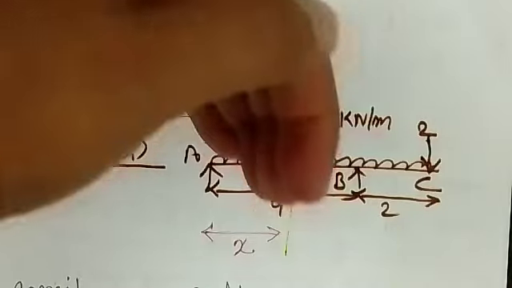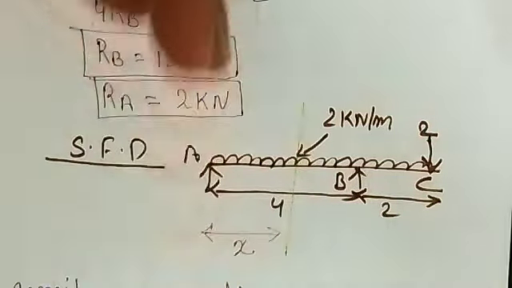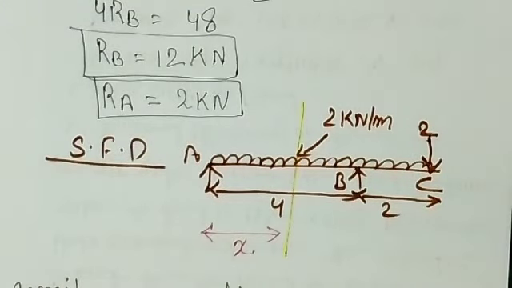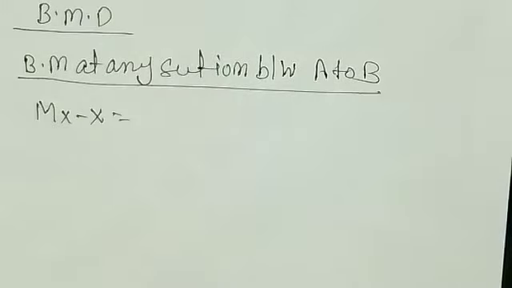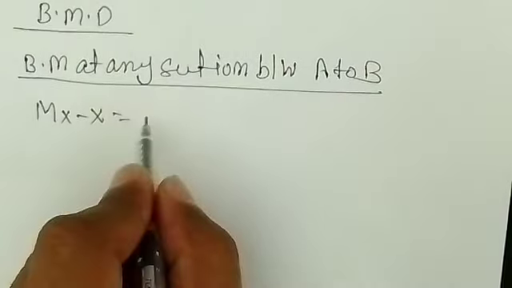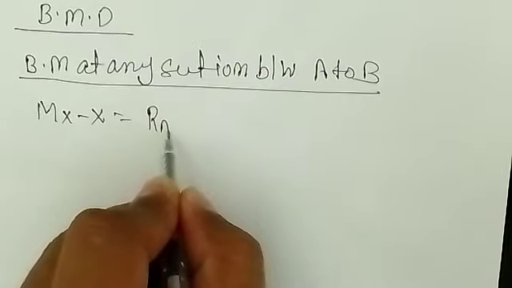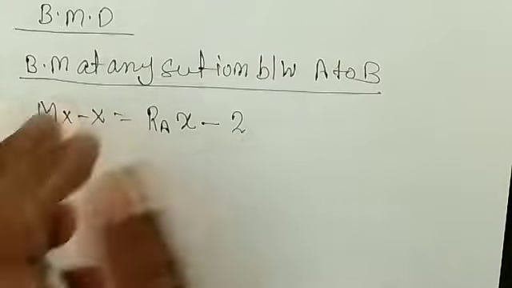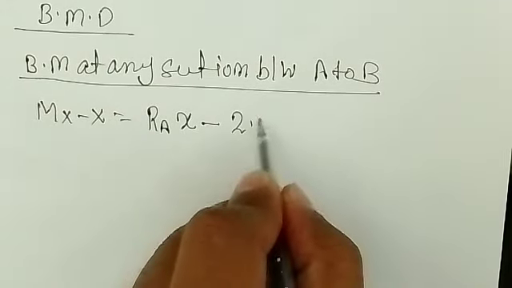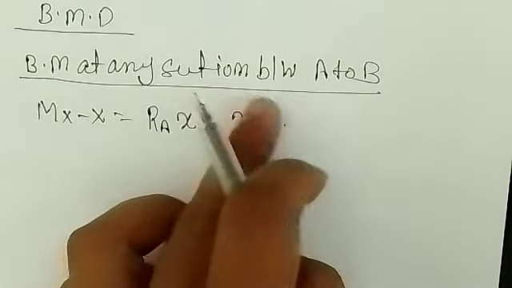But because of this UDL, this will be anti-clockwise, so it will be negative and this will be positive. So the equation will be force into perpendicular distance, that is RA into X minus UDL, which is 2, and that is X we have considered, so 2 into X, and this becomes the point load.